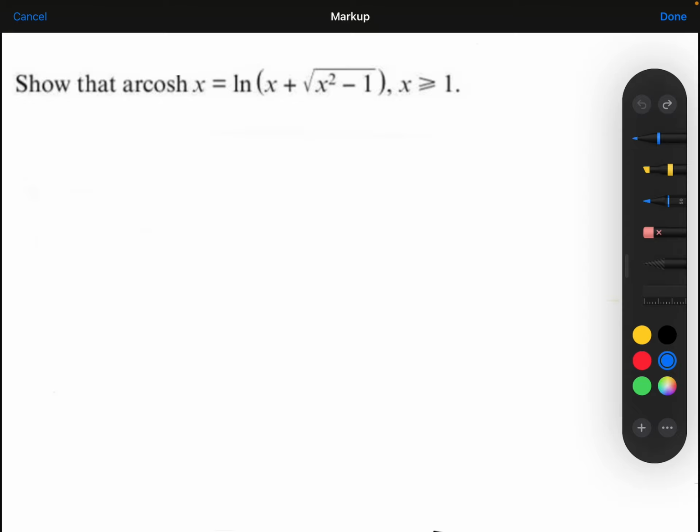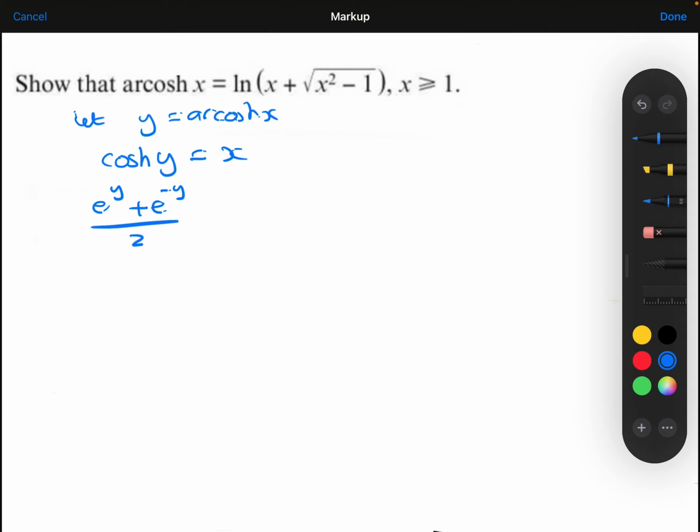Right, so let's follow the same procedure as before. I'm going to let y equal r cosh x. So take cosh of both sides to get cosh y equals x. And now use the definition of cosh in terms of exponentials. Times both sides by 2.